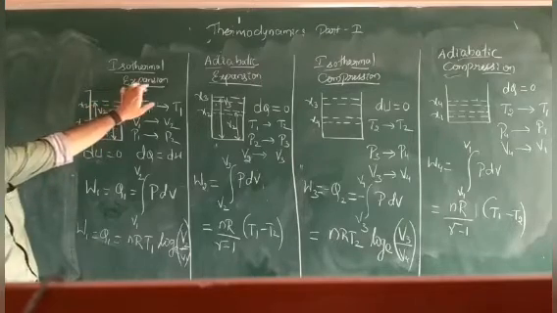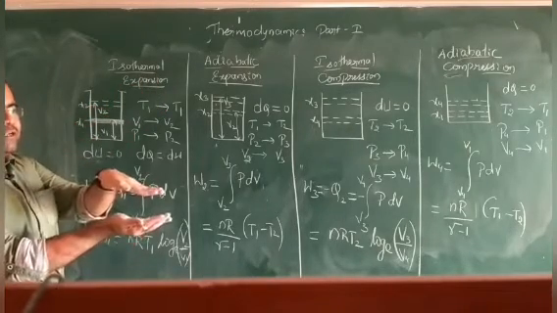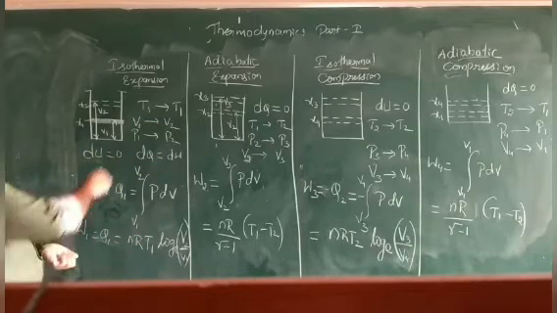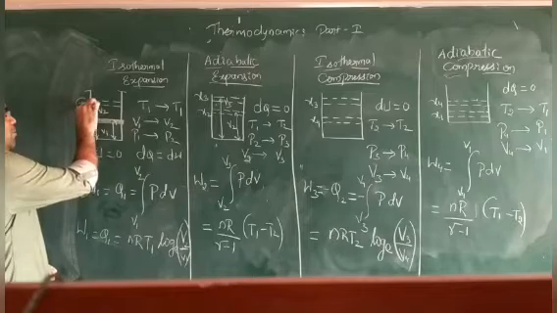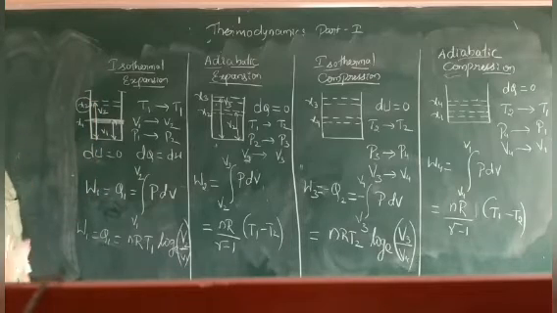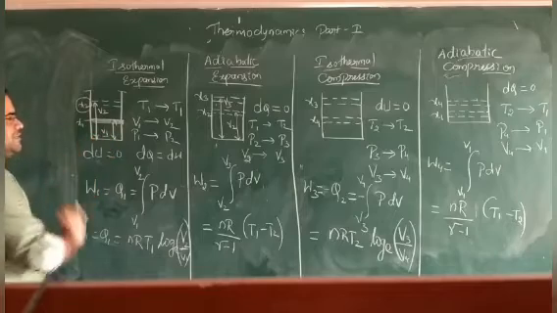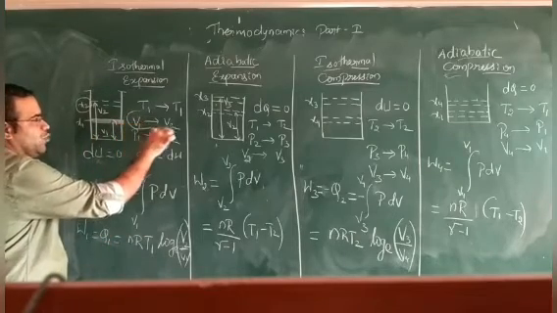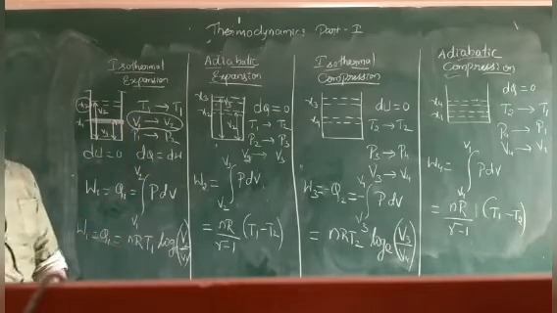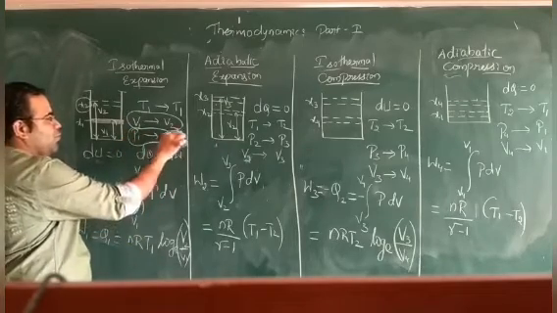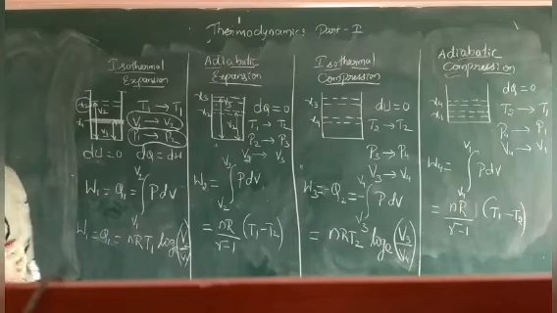Now expansion: the piston moves a little like this. When we make an expansion, it is shifted to a particular position given by x2. Now the volume V1 changes into V2, and whenever volume changes, the pressure also changes, from P1 into P2.